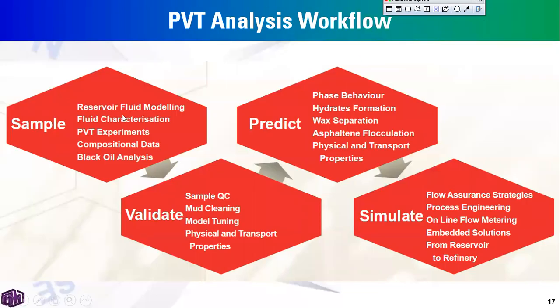So the general workflow for PVT is sampling at the bottom hole or even at separator condition, sample validation to check the integrity of the sample and also to check the cleanliness of the sample, whether it is clean or contaminated with drilling fluid, specifically oil-based mud, and prediction of phase behavior based on composition and flow assurance parameters. And the last step is the simulation based on a specific equation of state.